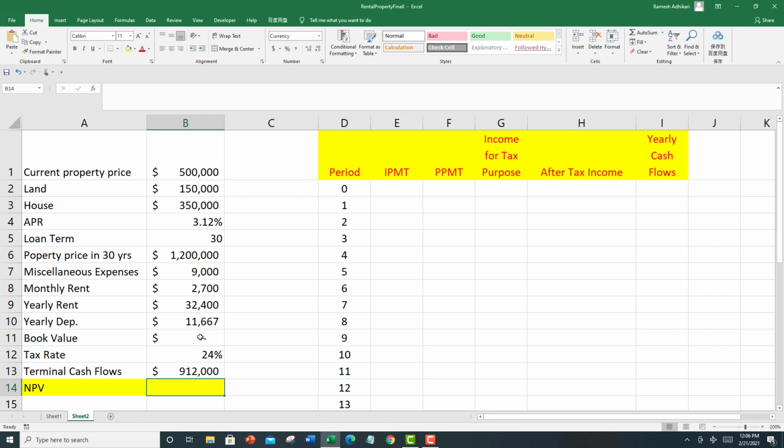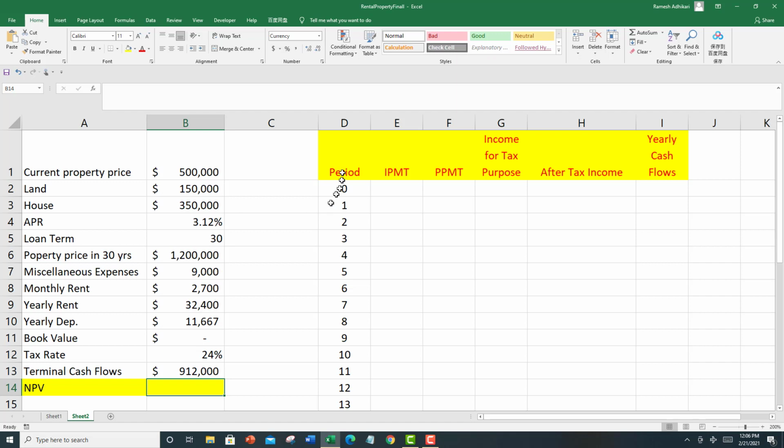Okay, so we computed terminal cash flow. Now our goal is to go and compute annual cash flow for the next 30 years, right? Keep in mind, in our problem, we assume that we make monthly mortgage payments, but we make all the adjustments of this income and expenses annually when you file for tax.